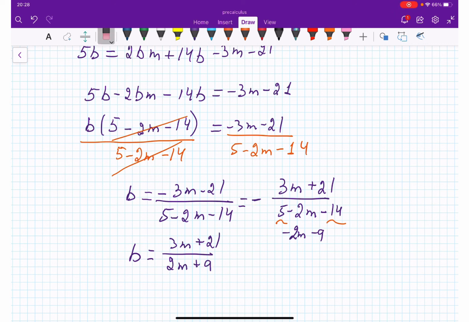Yes? I was so busy with division and multiplication, I didn't pay attention that we have like terms there. Okay, and this is going to be our answer. b is equal to 3m plus 21 over 2m plus 9.